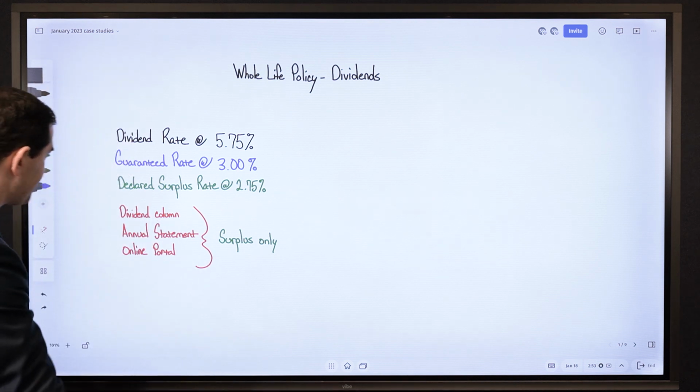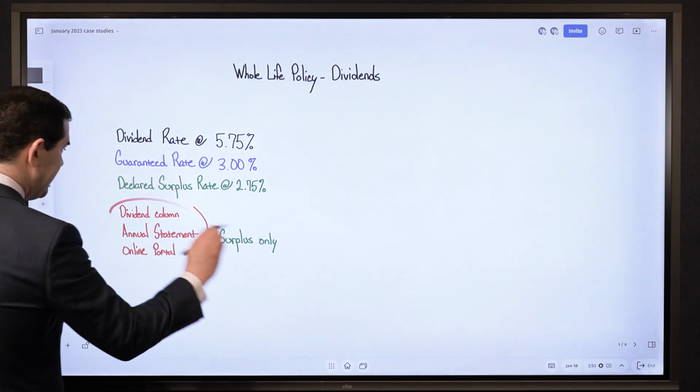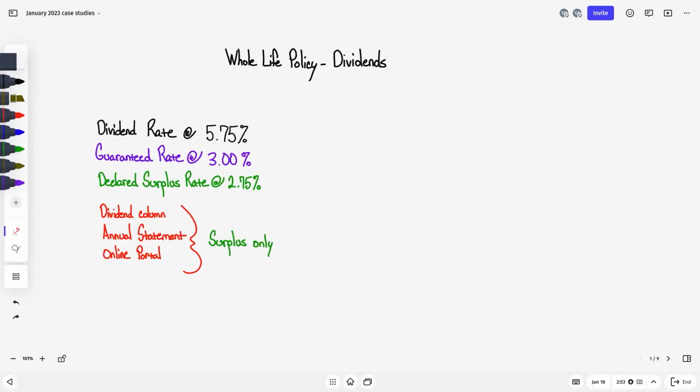For example, if we look at a life insurance illustration and we see the dividend column, that does not reflect the total dividend rate that we would see online of 5.75%. It only reflects the surplus piece of 2.75%.